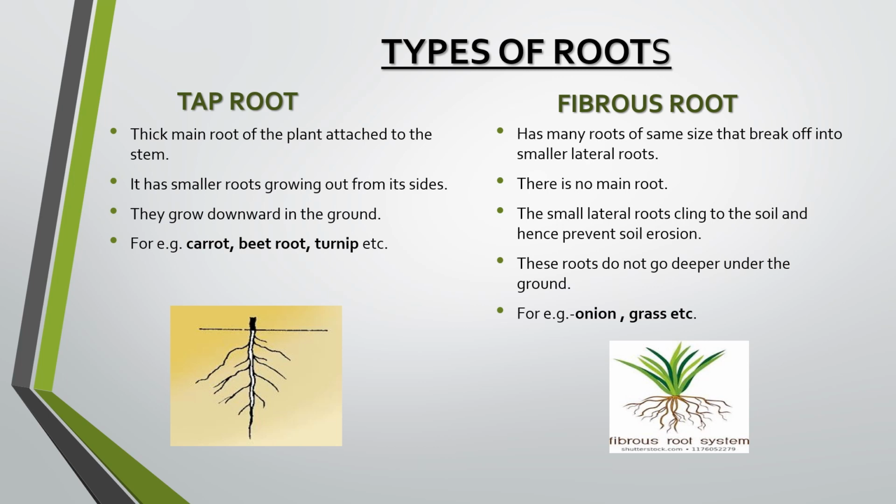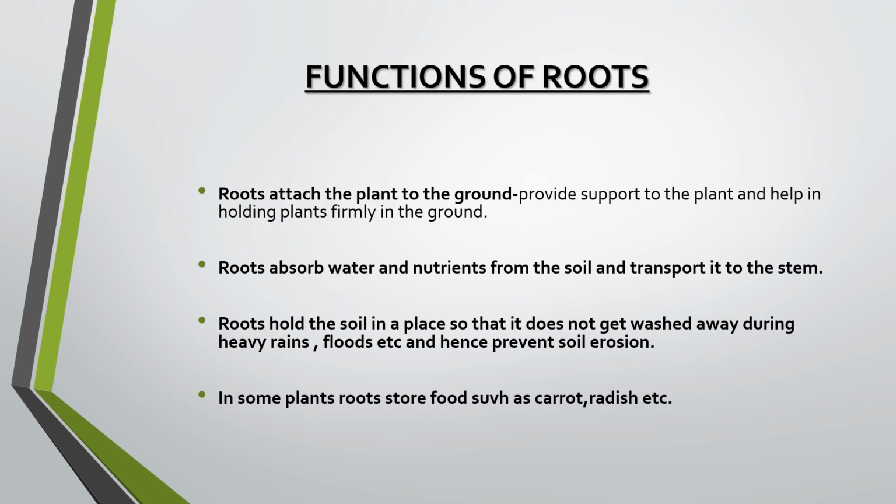But in the case of fibrous root, many roots arise from the same point, of the same size, and there is no main root. The small lateral roots cling to the soil and hence prevent the soil from being eroded away. These roots do not go deeper under the ground. Examples of these roots are onion and grass.